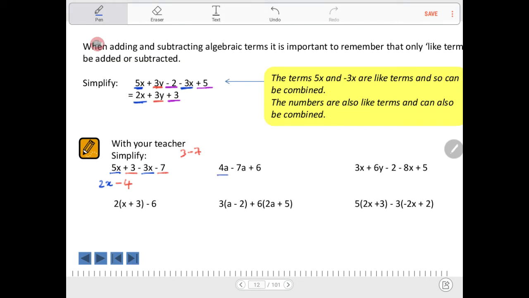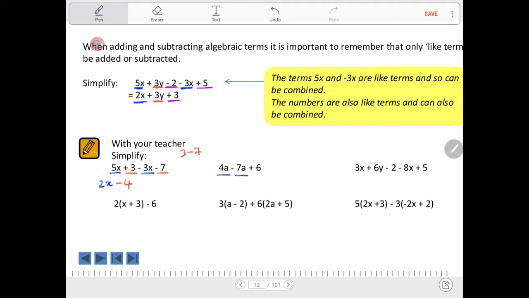Okay, so we've got 4a takes 7a, and then just a 6 on its own. Okay, so 4a takes 7a. Well, it's like with the directed numbers. You just go like it's directed numbers, thinking of the number line. You can start at 4 and take 7 away, or you could think the signs are different.